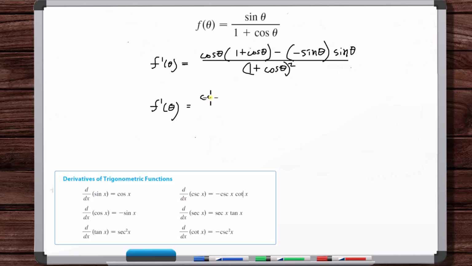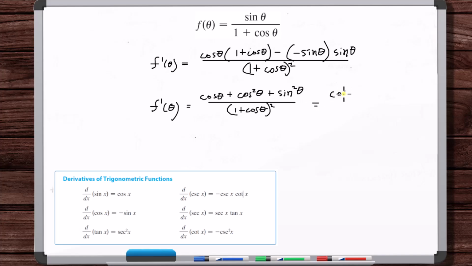So we have... okay, now sine squared theta plus cosine squared theta is 1.